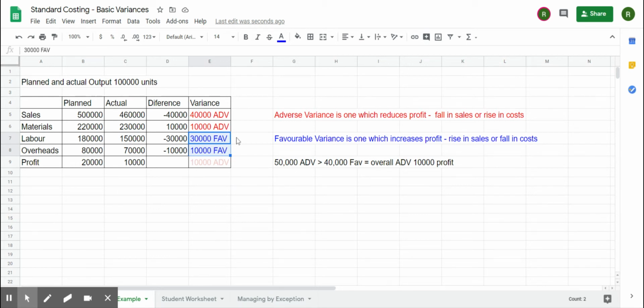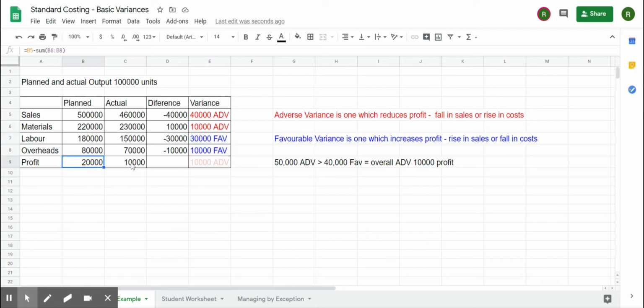Okay, now the other thing to look at here is we've got two adverse variances which total 50,000 and two favourable variances which total 40,000. So overall, we would expect a 10,000 adverse variance on the profit.